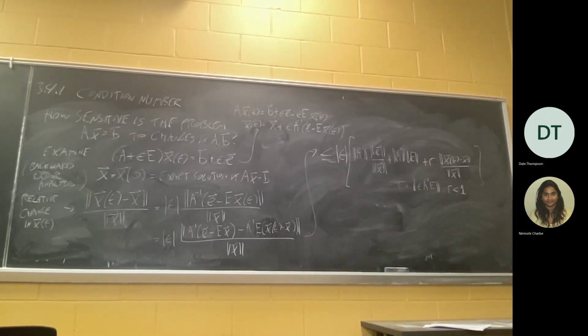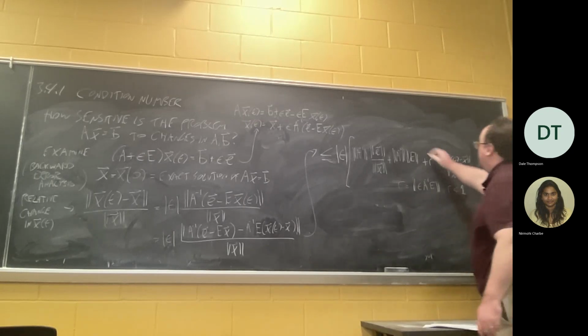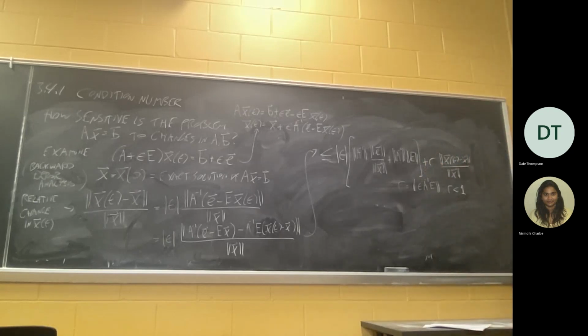So as long as you choose epsilon sufficiently small, it will be less than 1. Now notice, I goofed here. I need to put this square bracket over here because epsilon is already accounted for in the R.